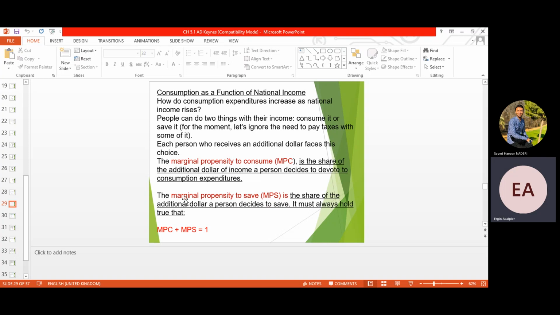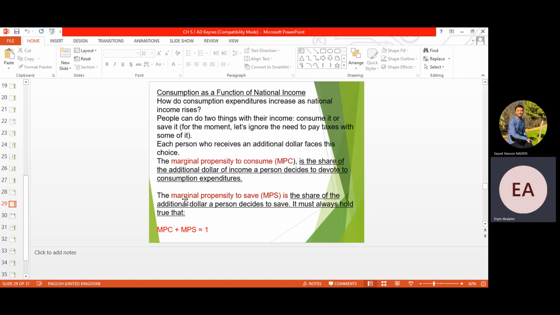Of course, the percentage depends on the marginal propensity to consume and the marginal propensity to save, and whether people hold enough capital in the market for consuming and also saving some is a big question. For the moment, let's ignore the need to pay taxes with some of it. Then you are assuming no tax here.